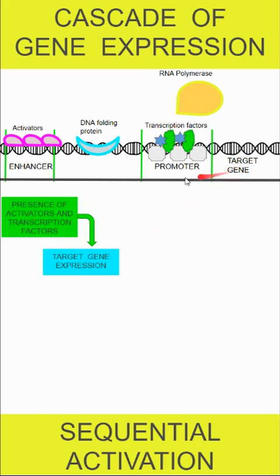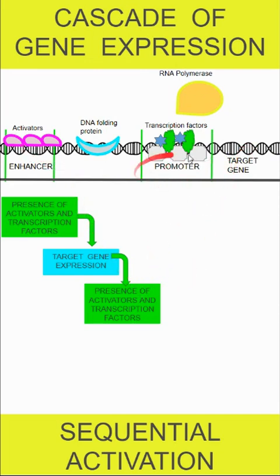So again, these transcription factors and activators are going to be associated with the actual transcription of specific genes, and that target gene expression can lead to more activators and transcription factors, and very specific ones. So again, remember, these transcription factors are proteins, and the receptors that bind to the hormones for the activators are also proteins, which means that to make more transcription factors and receptors, or different ones, you have to turn on certain genes.